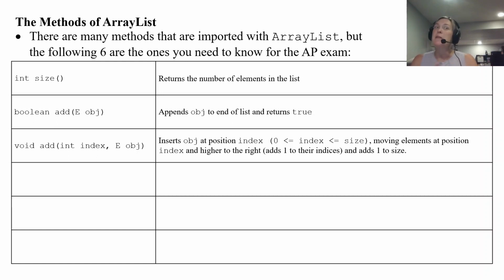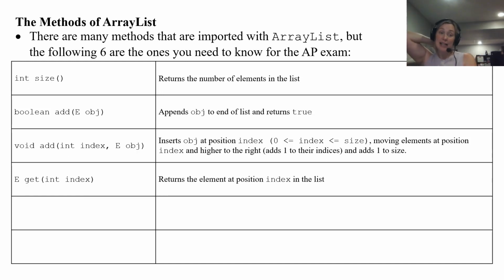Remember, that was one of the benefits of an ArrayList over an array: you have these methods that can shift and resize your ArrayList with just a single statement. We didn't have anything like this with an array, but with an ArrayList, we do.